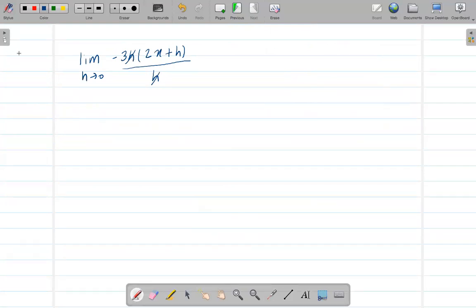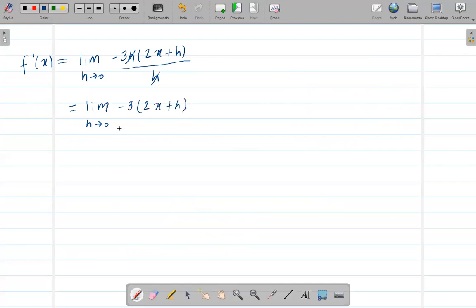Now this is the derivative of f in terms of x, right? So now I just get the limit as h goes to 0 of negative 3 times (2x plus h).